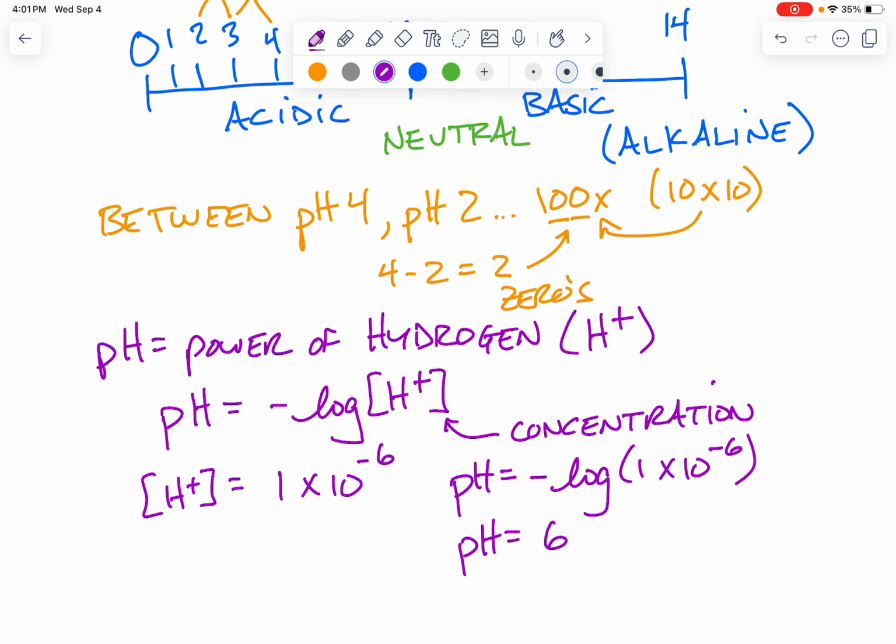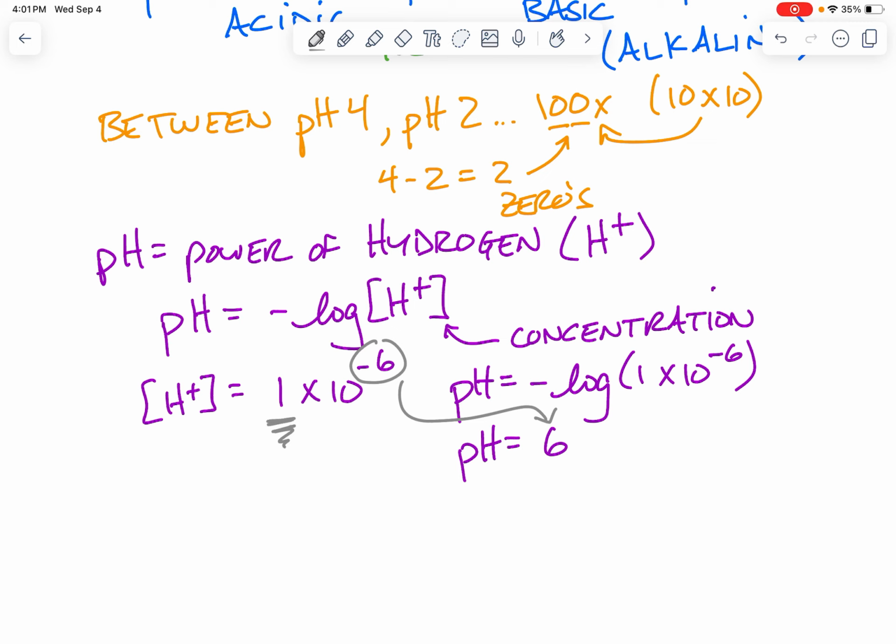If the number in front is a 1, we take this negative exponent and make it a positive, and it turns into the pH. As long as the number in front is 1, the calculation is super easy. If I had a concentration of H+ of 1 times 10 to the minus 10, our pH is going to equal 10.